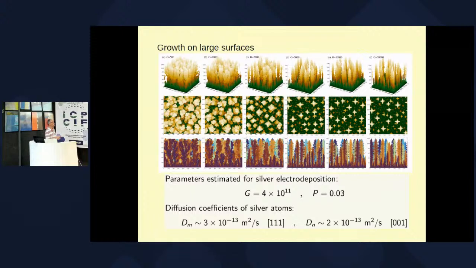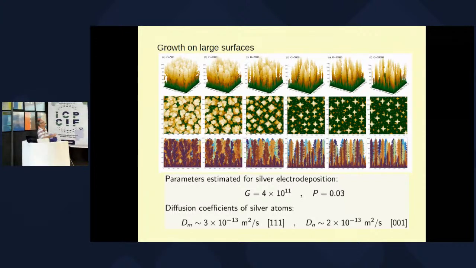Then we move it forward and try the electrodeposition on very large surfaces. For sufficiently high mobility of nanoparticles, we also observe the growth of the nanotrees parallel to each other, but in this case, the growth is allowed at all points of the substrate.